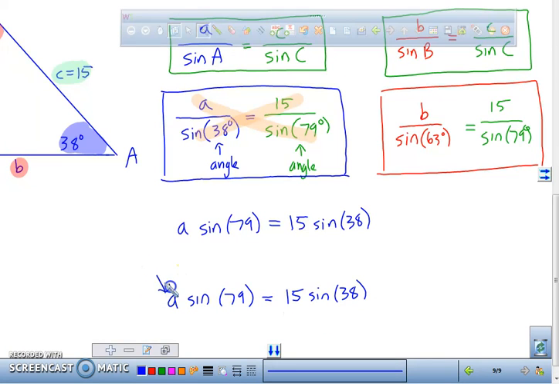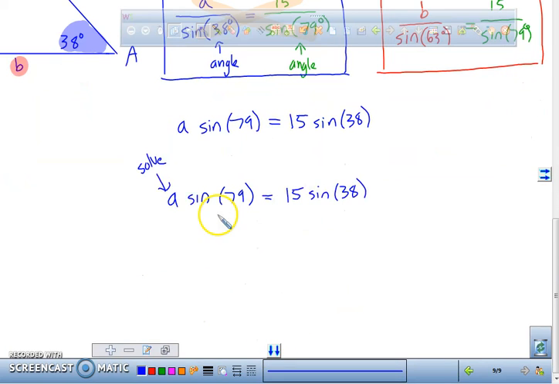Now, what are we solving for? We are solving for A. That's what we're solving for. Which means, if I want to solve for A, I'm going to have to divide this side and divide this side by the sine of 79 degrees. Okay? So what happens to these? They cancel out.